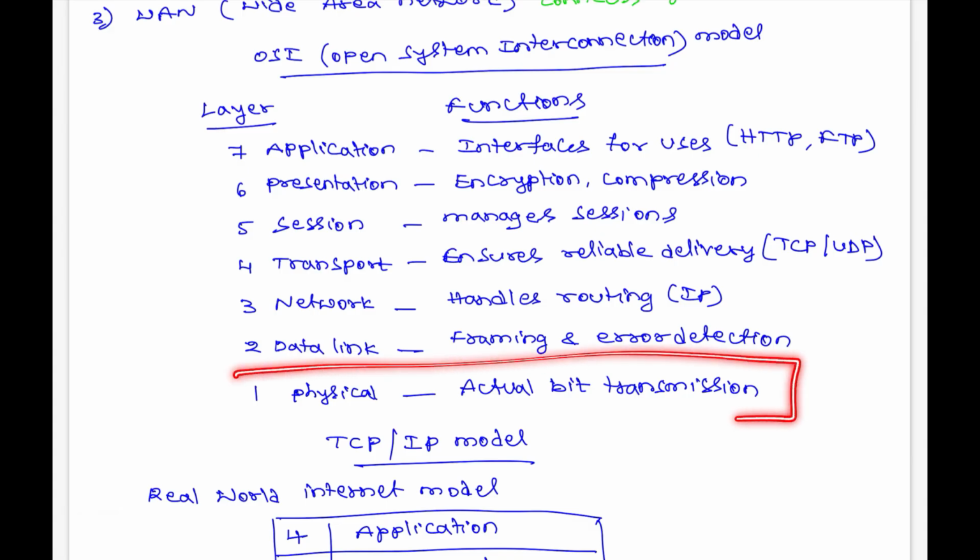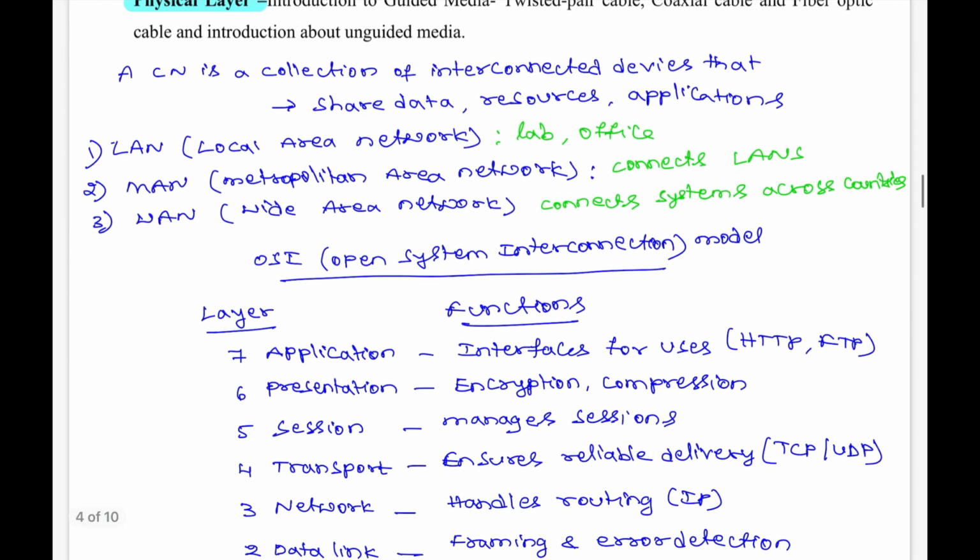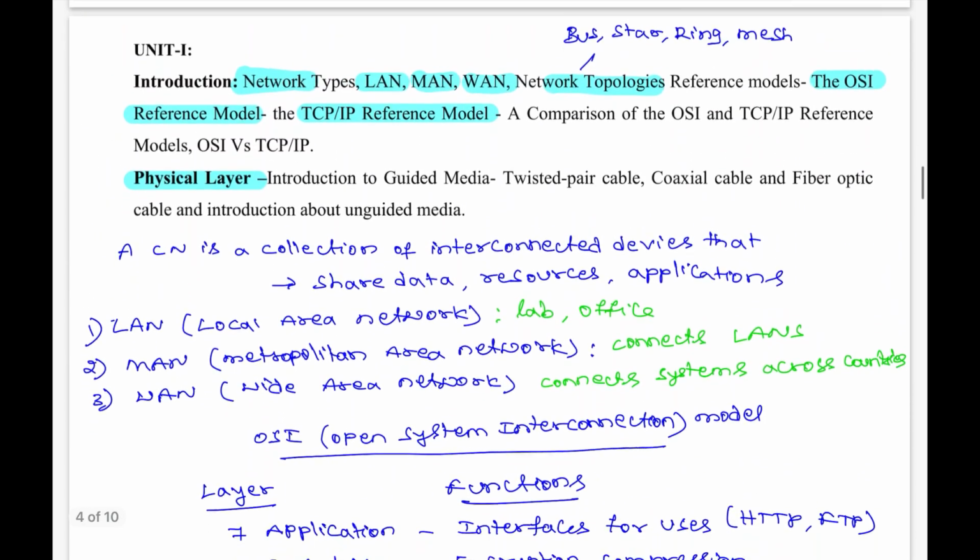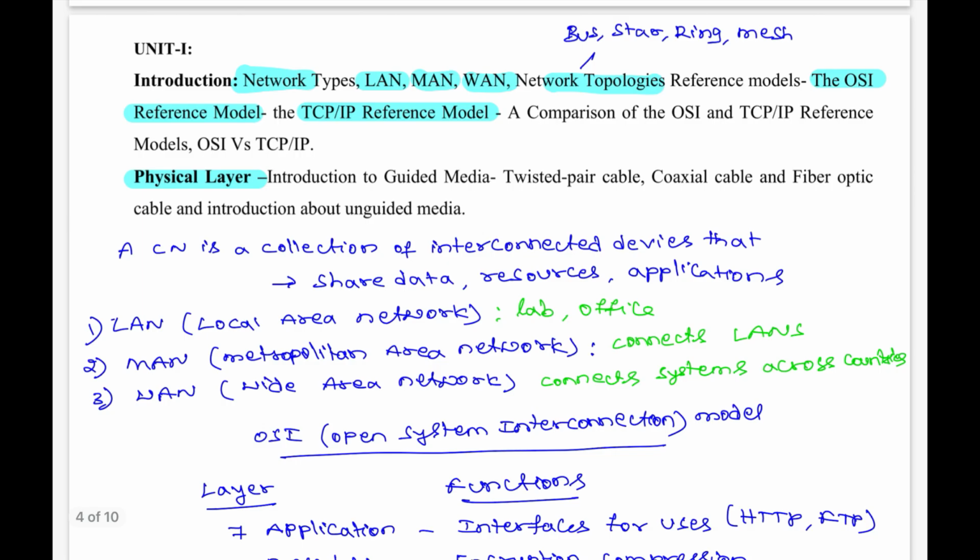In this, we're going to study the guided media. Guided media means twisted pair cable. What is this twisted pair cable? It is the most economical and it is used in LANs.